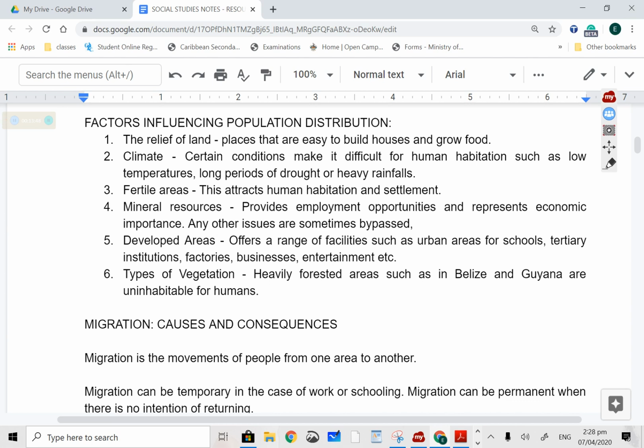People have a tendency to look for land that is close to waterways, whether it be rivers, streams, the ocean, etc., so that they can access fertile land and water.